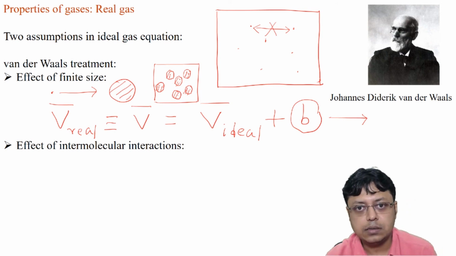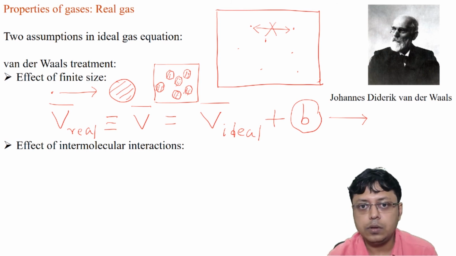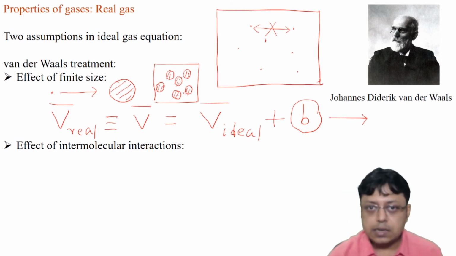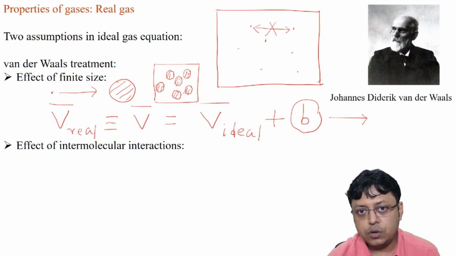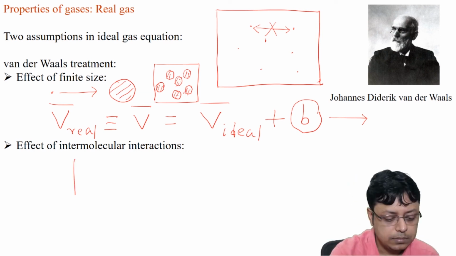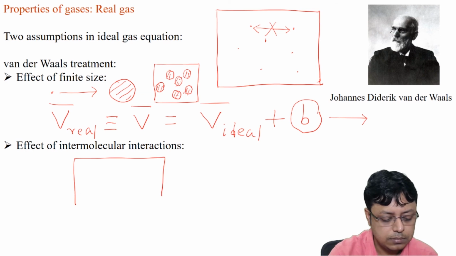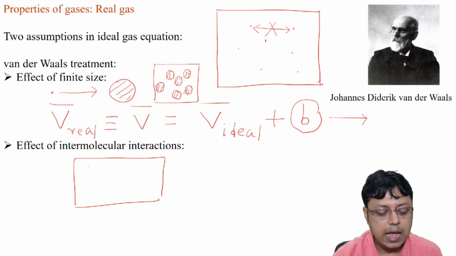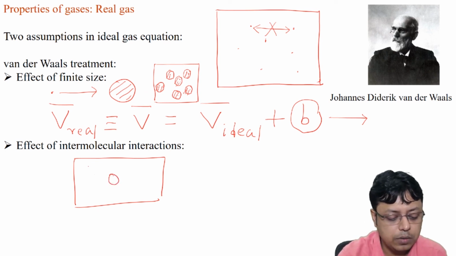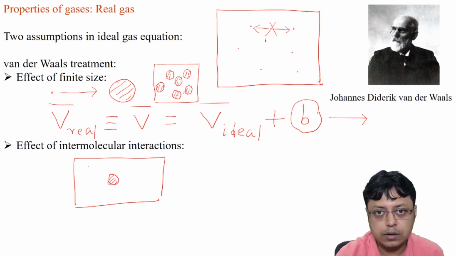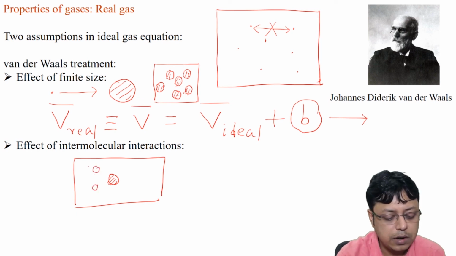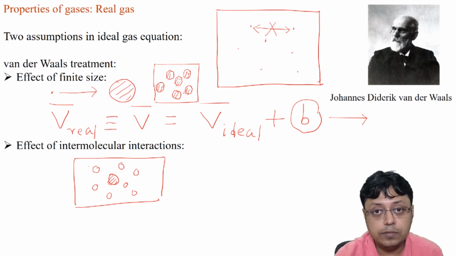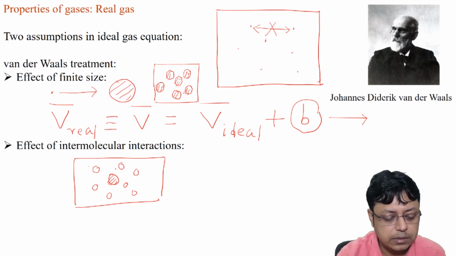Now the second thing which van der Waals took into account is intermolecular interactions. Let us discuss how that affects the total pressure of a gas. As before, consider a container and consider a particular molecule at the center of this container. This molecule is surrounded by many other molecules, and all of them are attracting this molecule.